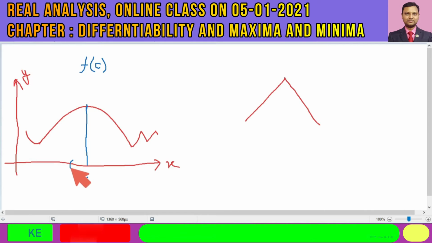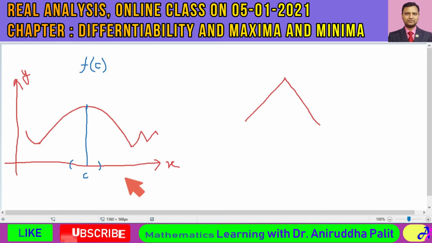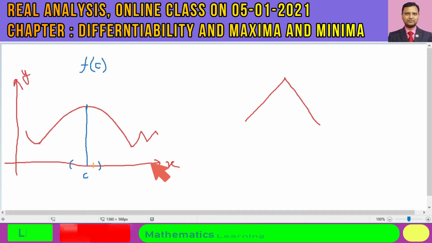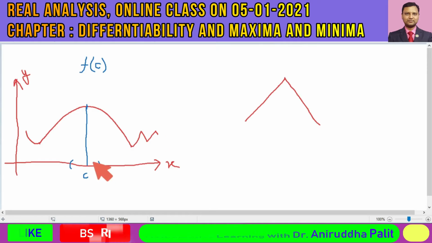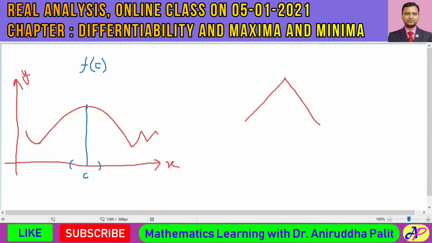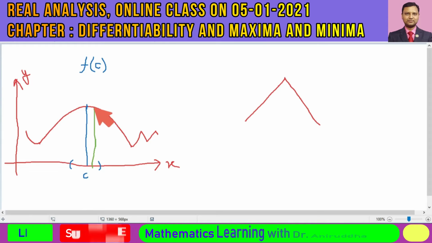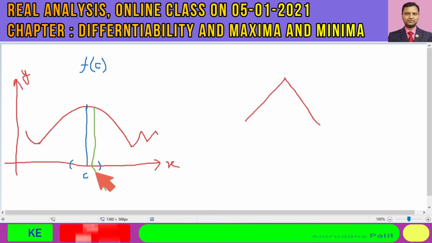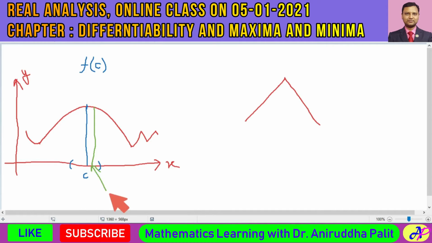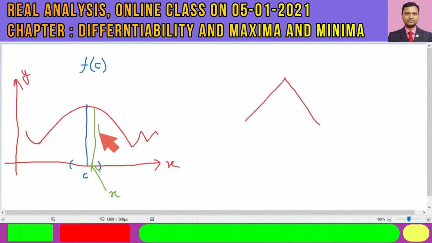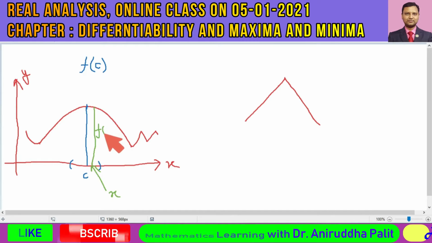It says that if we have a sufficiently small neighborhood of a particular point C, then within this neighborhood you will find that if you consider any arbitrary point x, maybe this is the position of the arbitrary point x, and this height is equal to f of x.